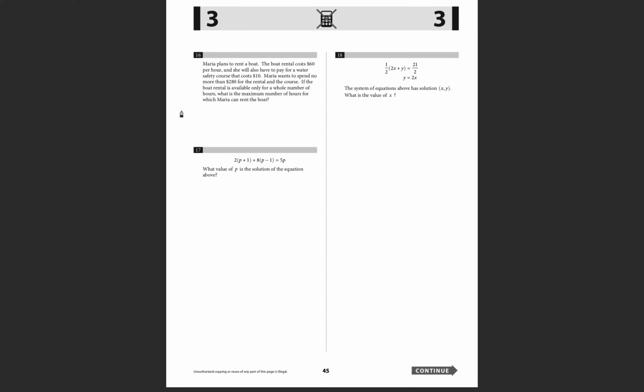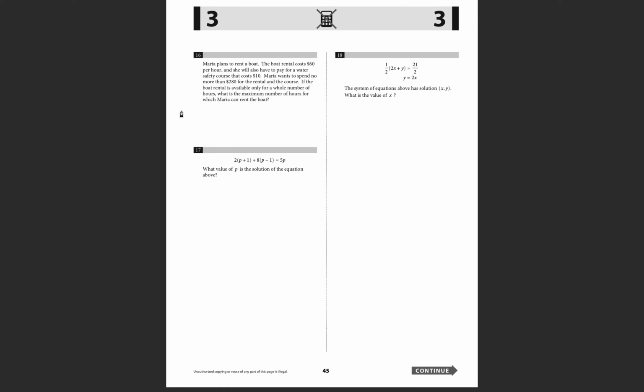So first use 280 minus 10, which is the amount of money that can be used for rental cost, and then divide this by 60 to give us 4, and we don't care about the remainder because it cannot exceed 280. So the answer is 4.